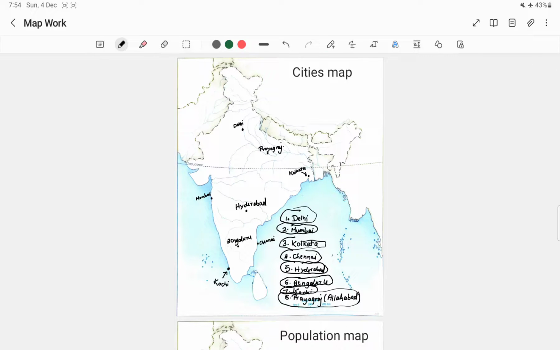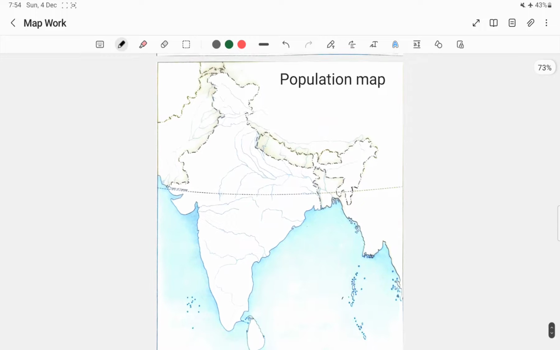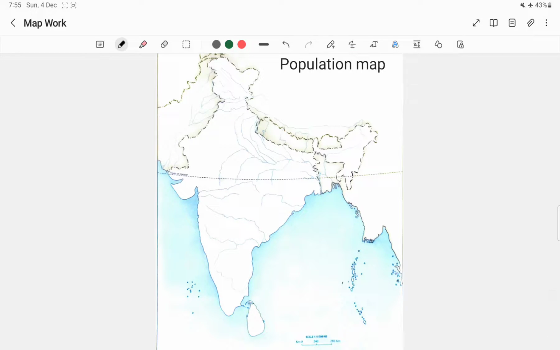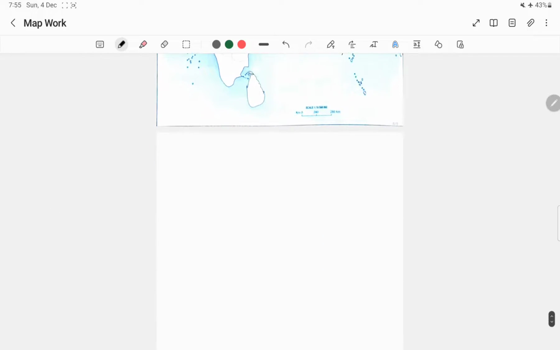After this, our last map will be for the population, and in population we only have to remember the patches of dense and sparse population. So let's start our last map, that is the population map. Before marking it, let me tell you how we call something a densely populated area, and when we call it a sparsely populated area.